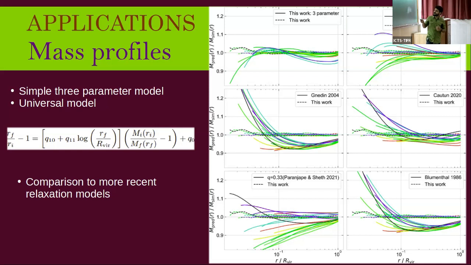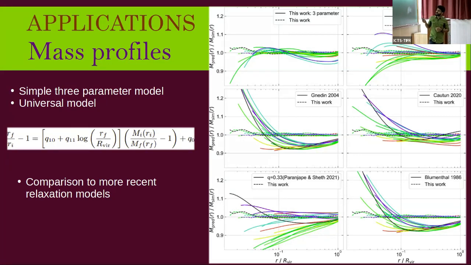Here we compare with other well-known models like Newton et al. 2004 and Cautun 2020, and the original Blumenthal et al., which is the standard adiabatic relaxation. Compared to all of the models, this full relaxation model of ours is able to produce a much better estimate of the dark matter mass profile that we expect with baryonic effects.